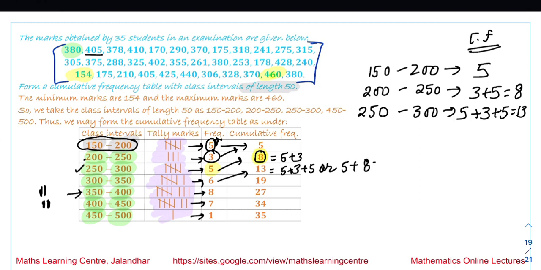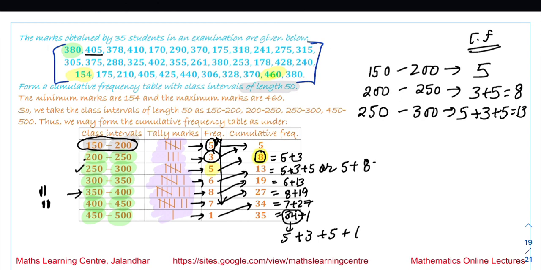Next it is 6 plus 13. Next it is 8 plus 19. Then it is 7 plus 27, and next it is 34 plus 1. Why is it 34? Because we are adding all the previous frequencies. It means 5 plus 3 plus 5 plus 6 plus 8 plus 7 plus 1. That is the cumulative frequency corresponding to this.